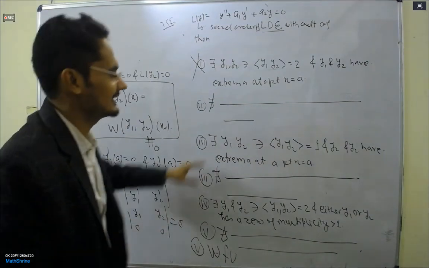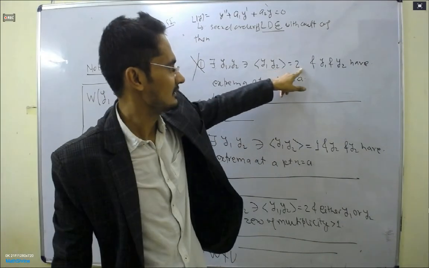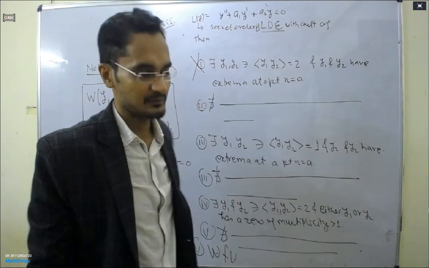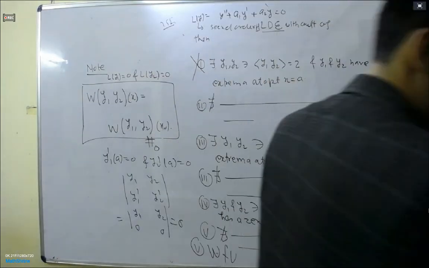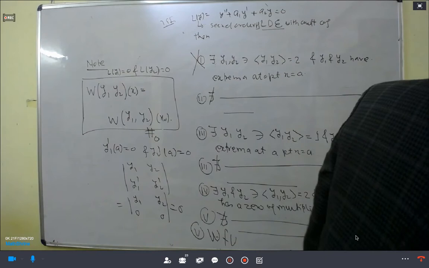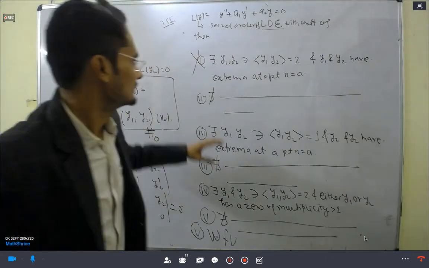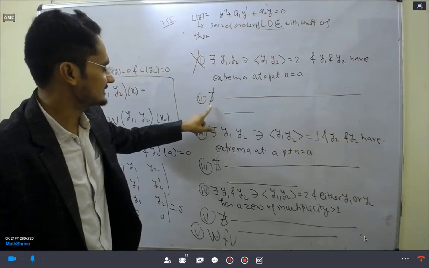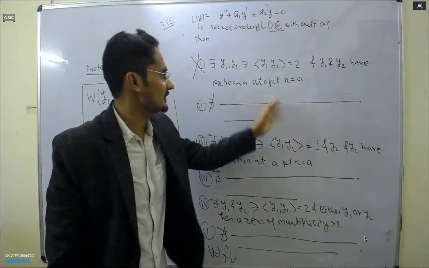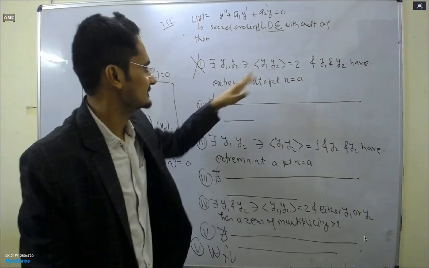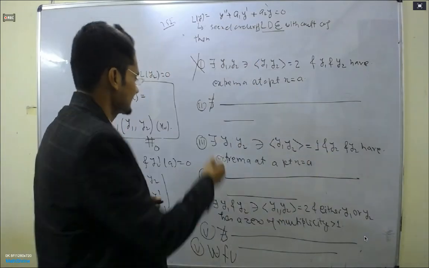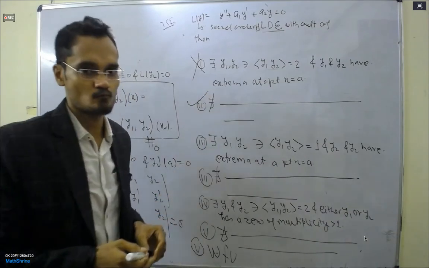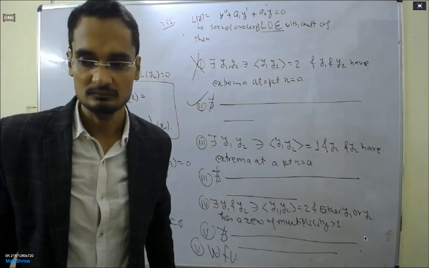Question number 3. We have two solutions y1 and y2. It is given that the differential equation is in this form and y1, y2 are solutions, and also they are chosen in such a way that the dimension is 1.